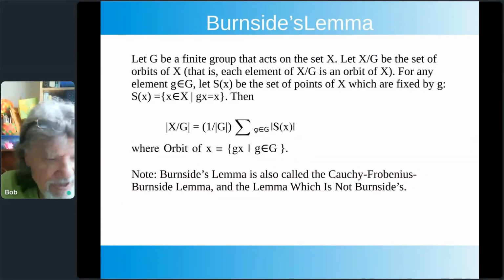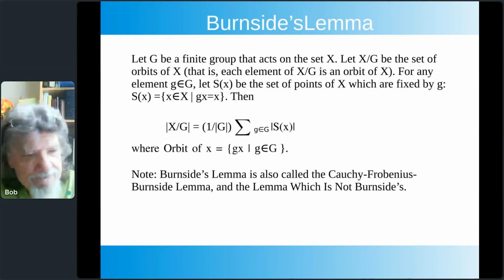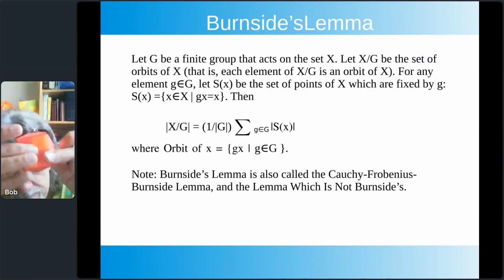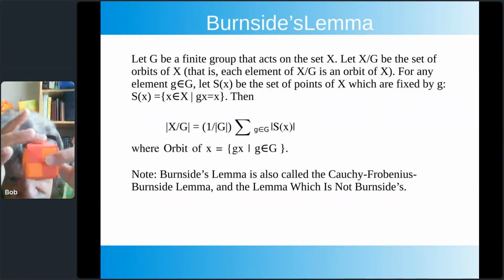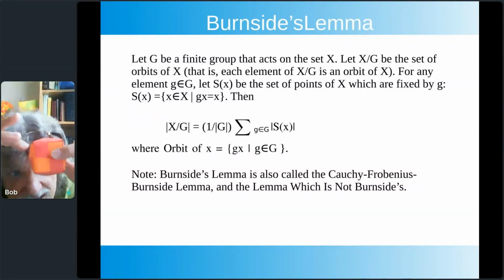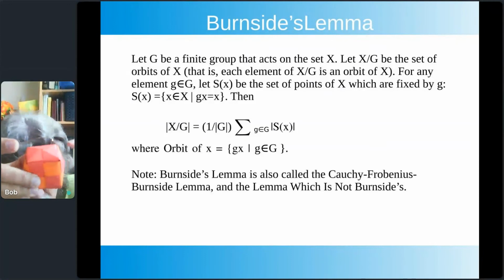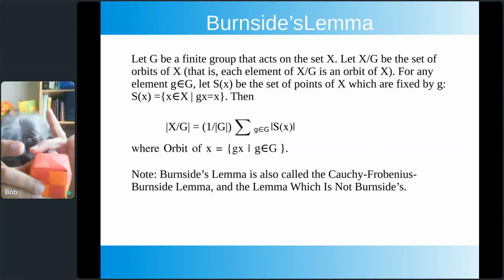Let me explain that real briefly using this cube. If I just look at vertices, which is what we're going to do to simplify, I get 8 of them, one on each corner of the cube. Now, I want to say what's in the orbit of this vertex. Well, I know if I rotate 90 degrees, I get this one. If I rotate another 90 degrees, I get that one, and going this way, I get that one.